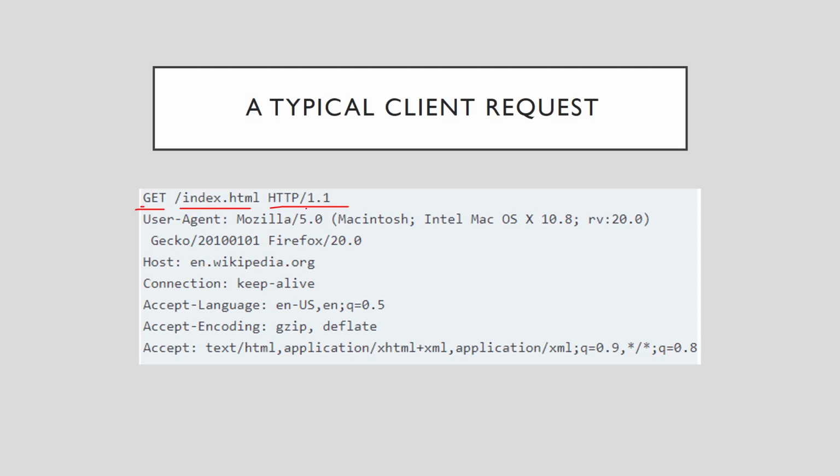HTTP 1.1 is the version of the protocol that the client understands. Although the request line is all that is required, a client request usually includes other information as well in a header. Each line takes the following form: the keyword followed by a colon and the value. Keywords are not case sensitive.